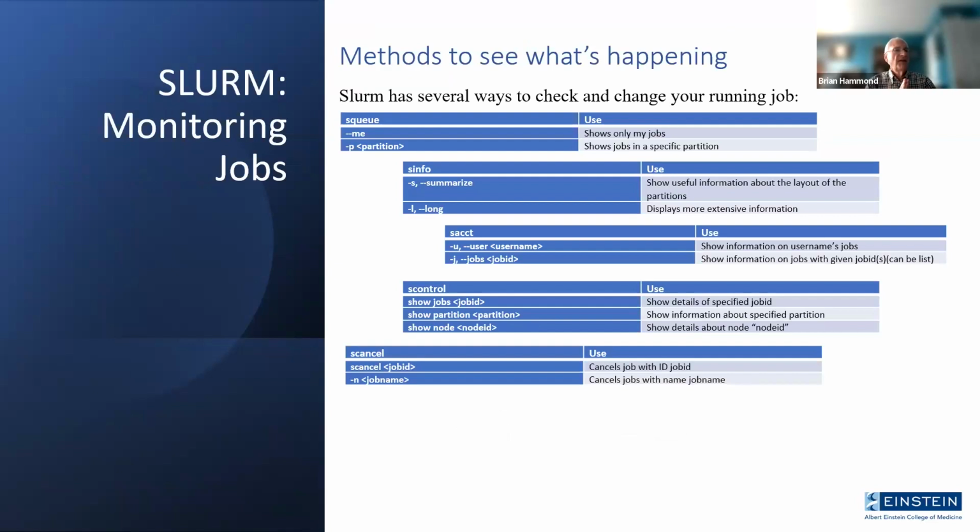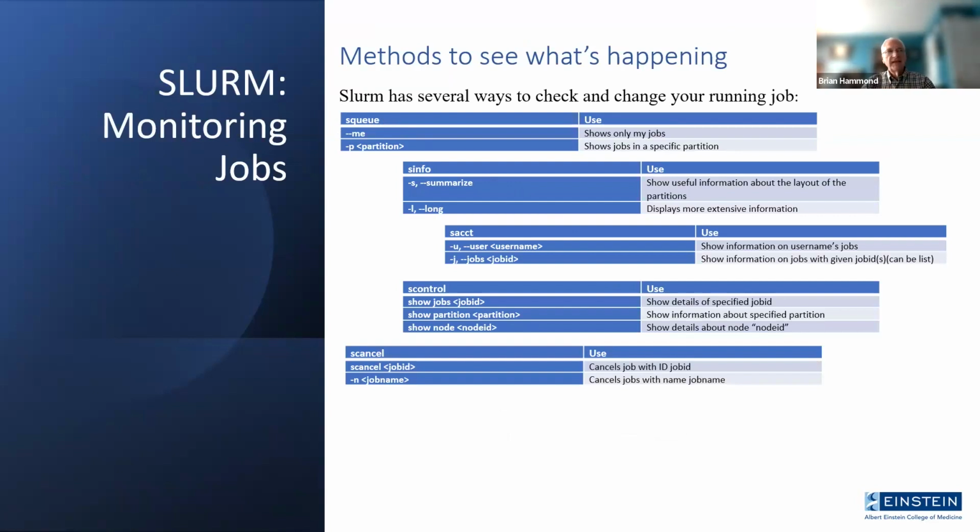So after you've gotten past all of that and you want to see what it's doing, there's a couple of different commands. The most obvious one for you is squeue.